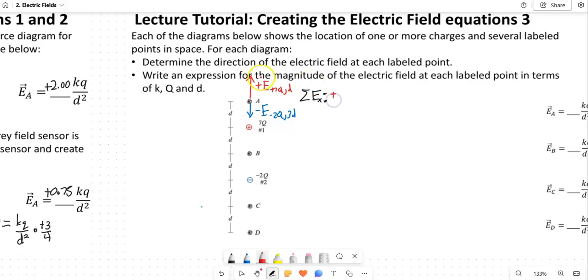Starting from up, we got positive, and this is going to be k times 7q all over a distance d away that we're going to square, minus k times a negative 2q all over a distance 3d that we're going to square away.